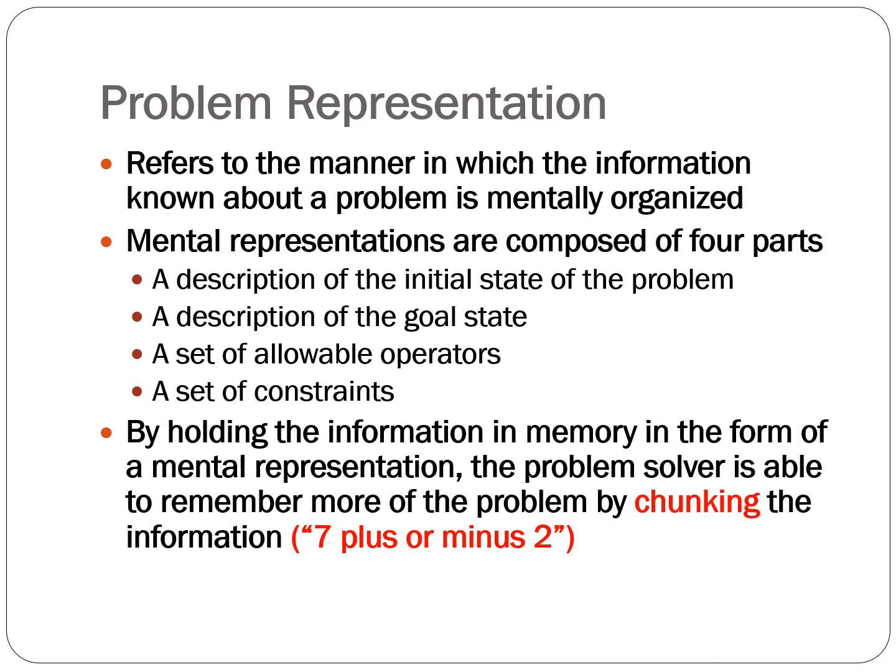Problem representation refers to the manner in which the information known about a problem is mentally organized. Mental representations are composed of 4 parts: a description of the initial state of the problem. In other words, what's the baseline? What is our starting point? A description of the goal state or end state. Where do we want to go? A set of allowable operators.